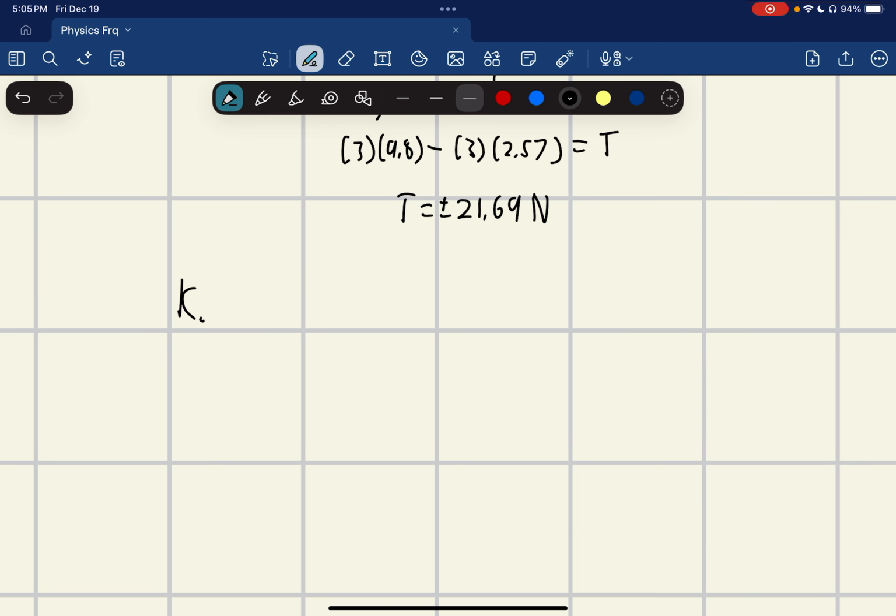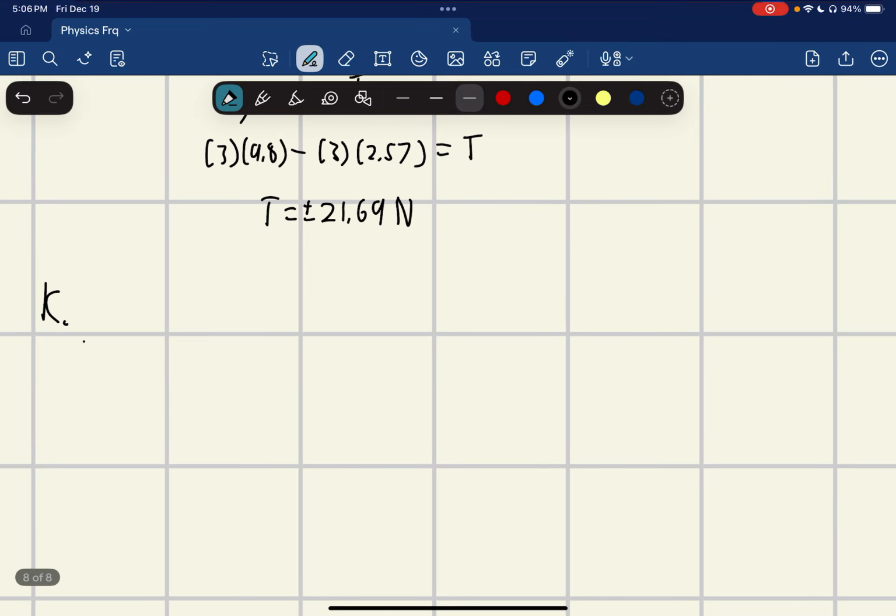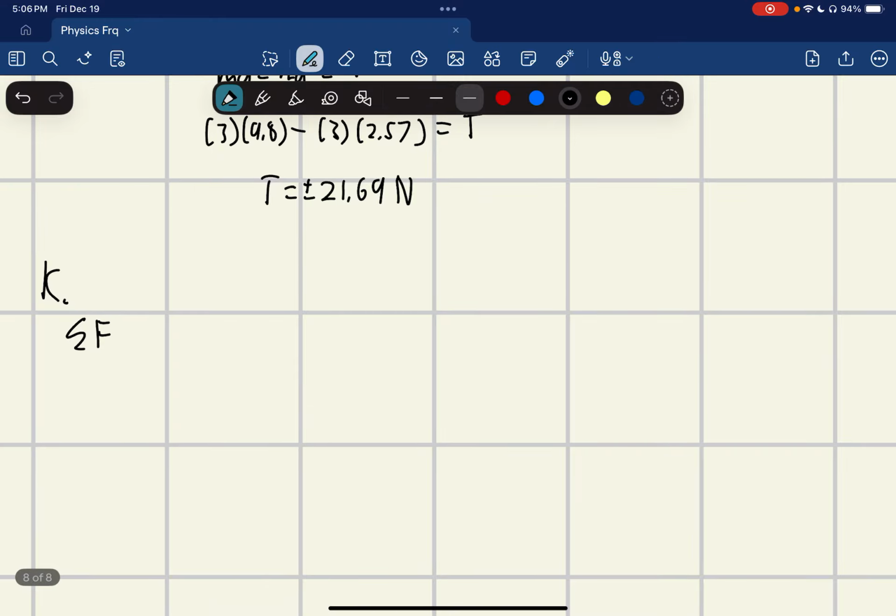K asks to calculate the contact force F big M to lower m between the two blocks sliding on the rough surface. So then I will look at the small m block, so net force of little m is equal to the contact force between block S, or in this scenario, big M, because block S is equal to big M, M to little m, minus friction of little m.